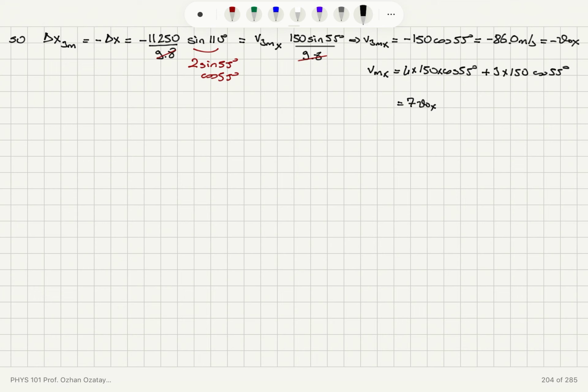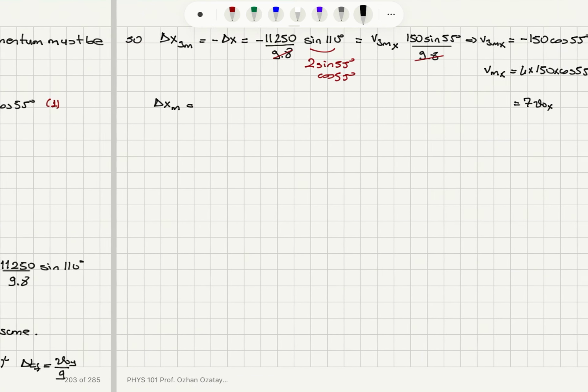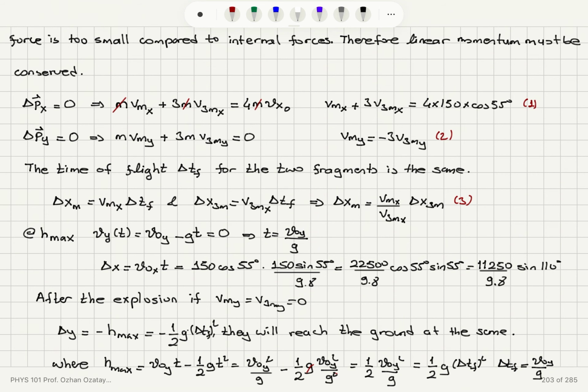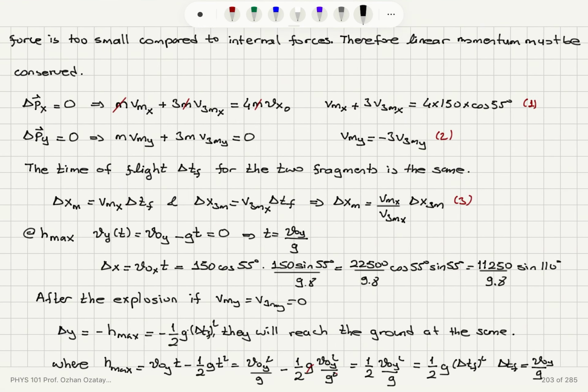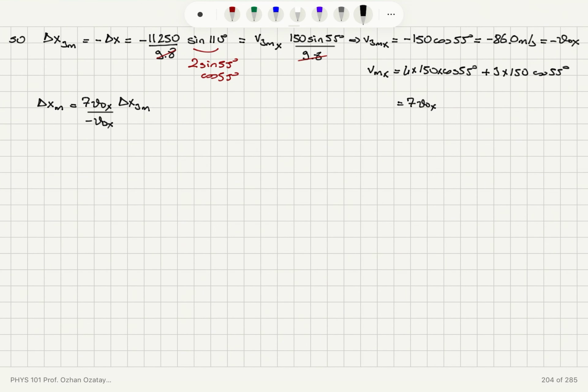So delta xm is Vmx times the time of flight. Vmx is 7 V0x. The time of flight is basically delta x3m divided by minus v0x, because the delta x3m is v3mx, which we found to be minus v0x, so time of flight is this divided by minus v0x.